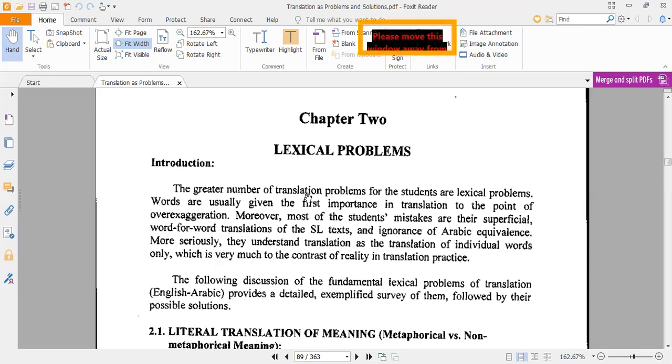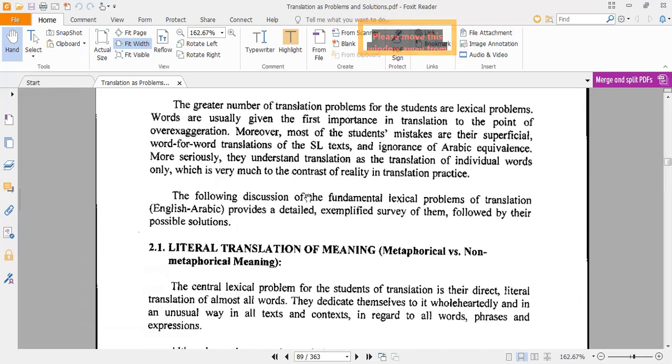So the overuse of literal translation or word for word translation makes lexical problems occur usually.